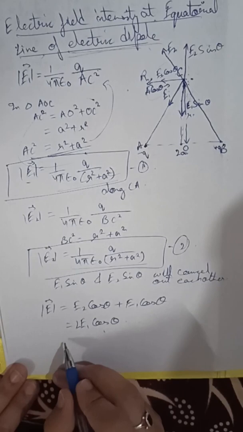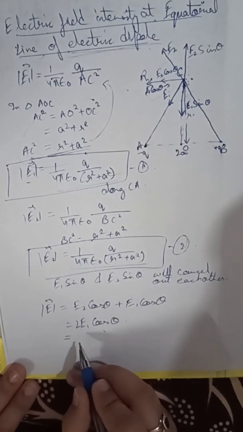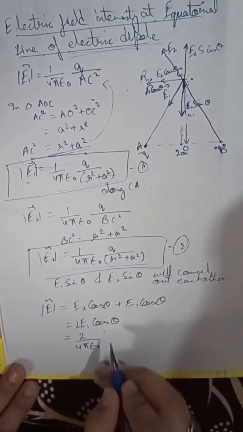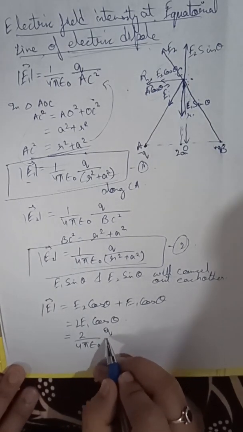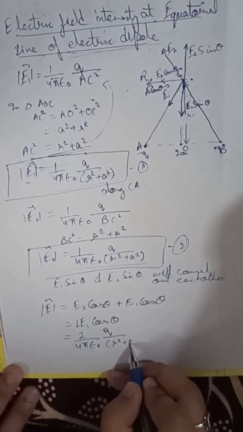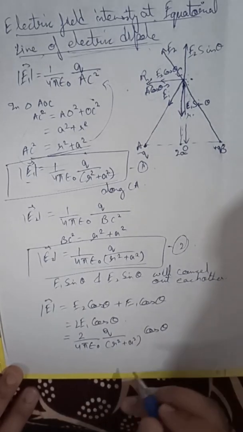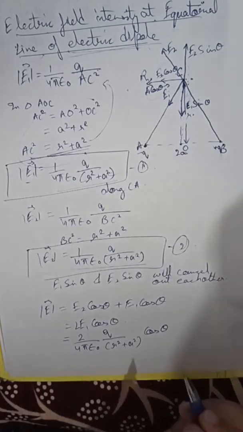So putting in the value, we get 2 by 4 pi epsilon naught q upon (r square plus a square) into cos theta.